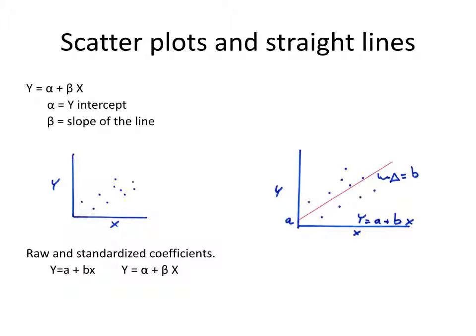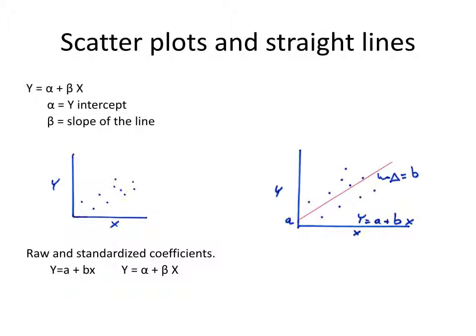So you see here a figure with a scatter plot, and the red line through it is the line that best represents the values of those data. Where the line crosses the y-axis is the A or alpha point, and the slope of the line is the B or the beta point.